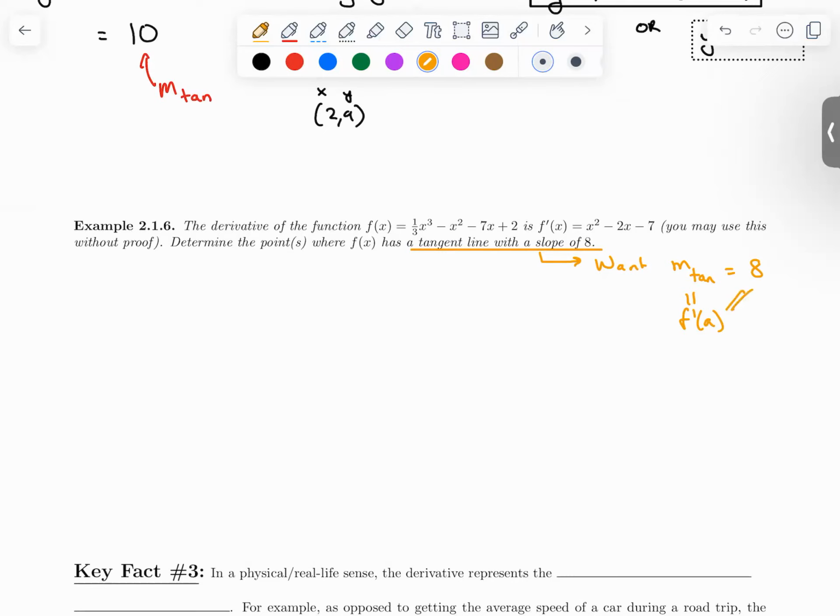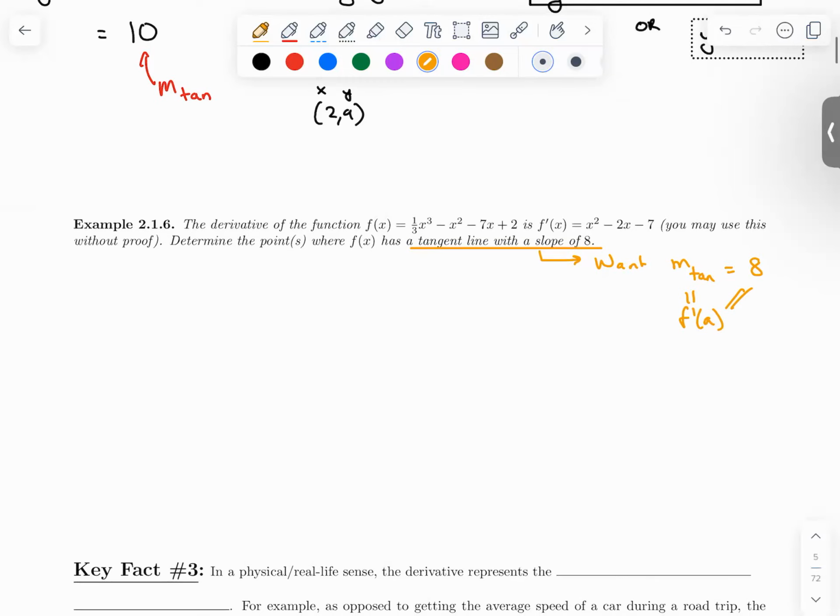So these are all equal to each other. So what we're really saying is we want to solve f prime of x equals 8.